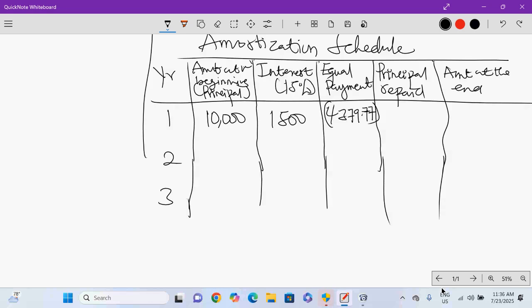We are making equal payments, so the principal repaid is the difference between the equal payment and the interest.